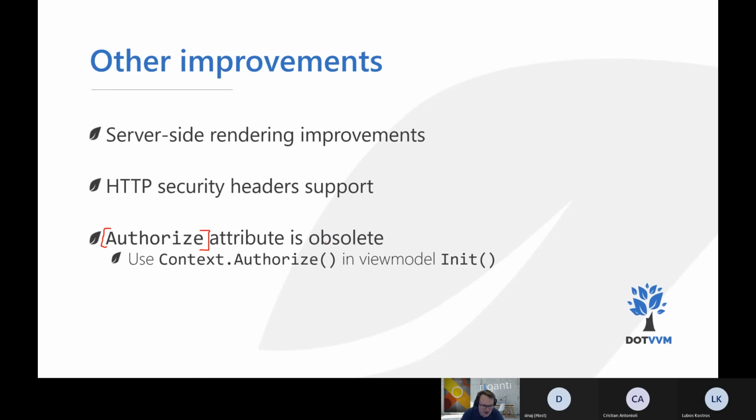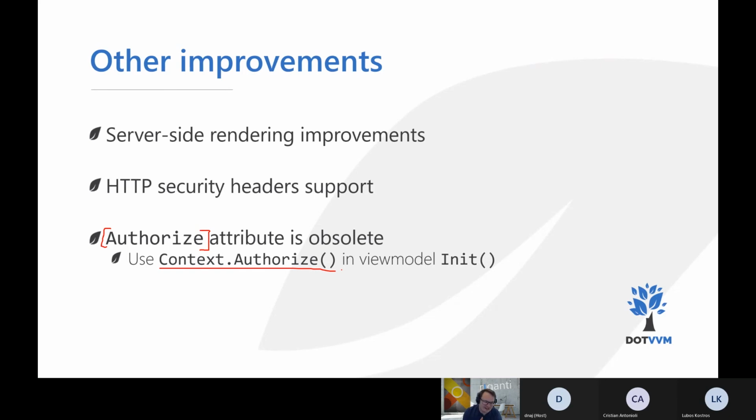The typical scenario is that in your Init method in the view model, you call context.Authorize. It's much better because it's explicit. You have the power of making sure that Authorize will be called in this exact place. If you use it as an attribute, you just believe that DotVVM will run it at the correct moment, but there are some cases when the Authorize attribute doesn't get run.